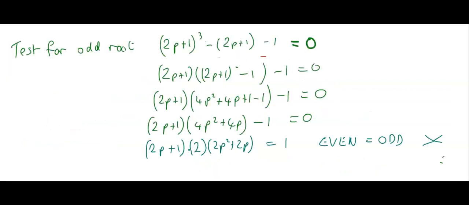And so here I am testing for an odd root, and I've put 2p + 1, which will be an odd integer, in the place of x. So this is like x^3 - x + 1 = 0, and I factor that out, multiply out my brackets. That should be squared there. Hold on a minute.